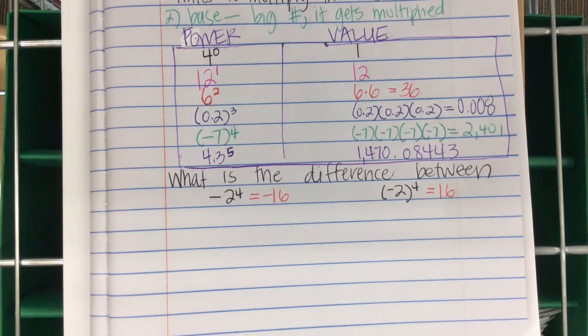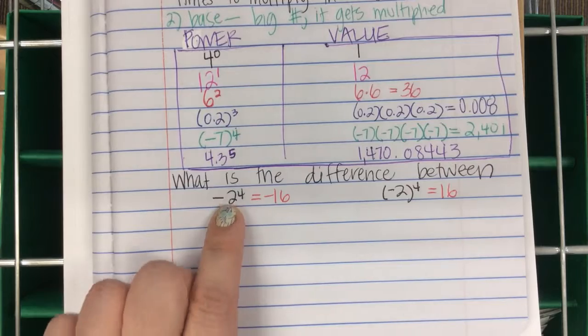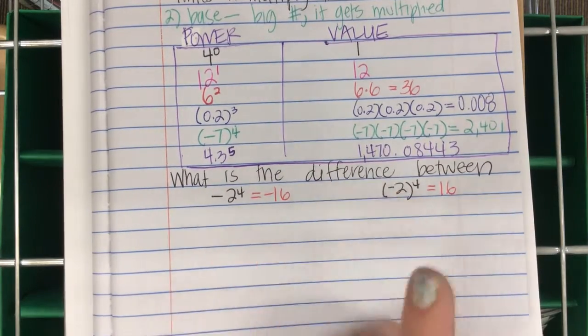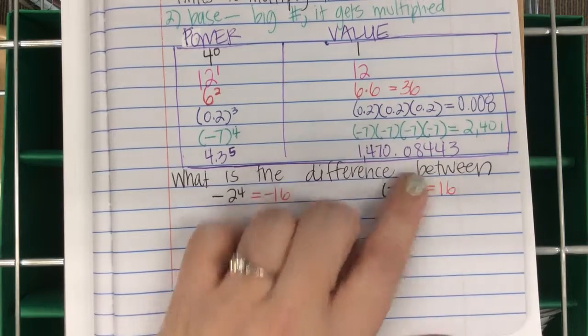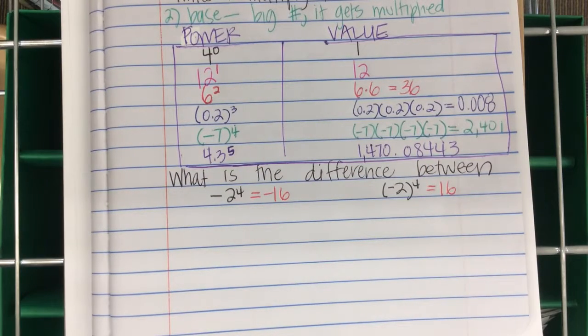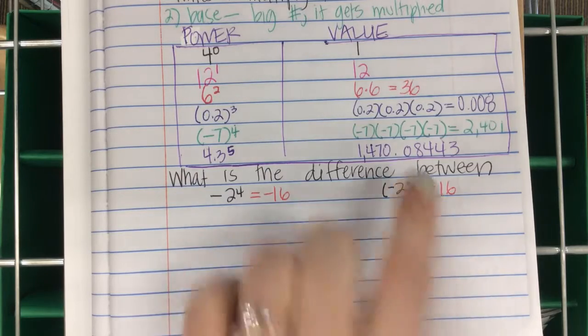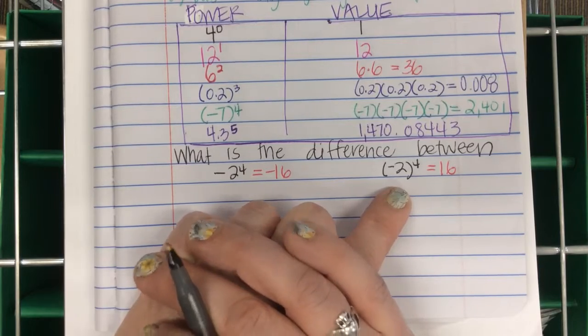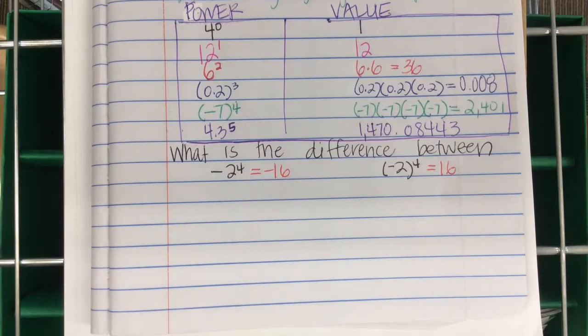When I read them out loud, negative 2 to the fourth and negative 2 to the fourth. So let's work with this one with parentheses first. Can you expand it? Can you tell me what negative 2 to the fourth means? Paige, what does it mean?